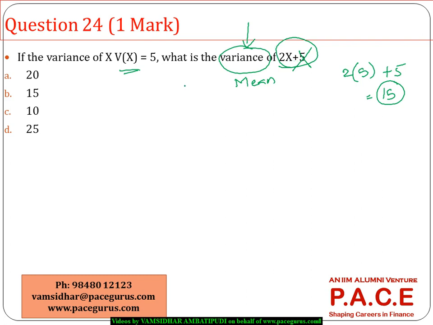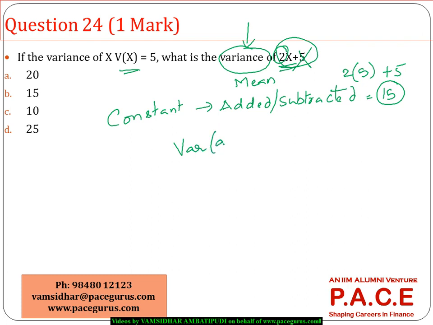Any constant added or subtracted does not impact the standard deviation or the variance at all. Only the multiplied term will have an impact on the variance, and typically the variance of ax plus b will always be the same as a squared times the variance of x.